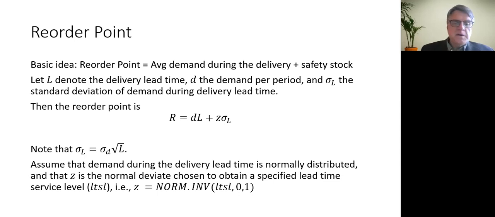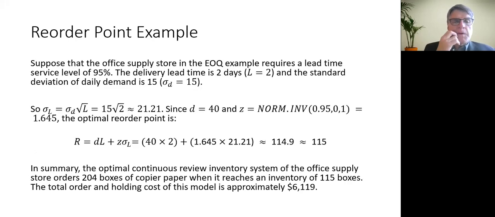You adjust it to whatever you need. And once we've specified a lead time service level, we can go ahead and calculate Z using the Excel formula NORM.S.INV of LTSL, or NORM.INV with LTSL, 0, 1. So this is typically going to be some value, maybe 1.6, 2.5 in that ballpark, a certain number of standard deviations.